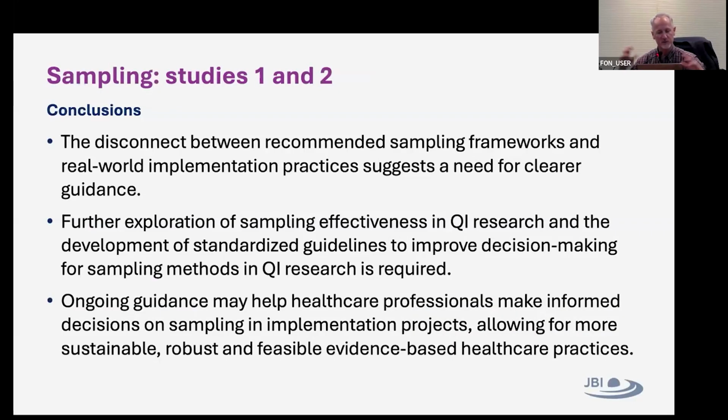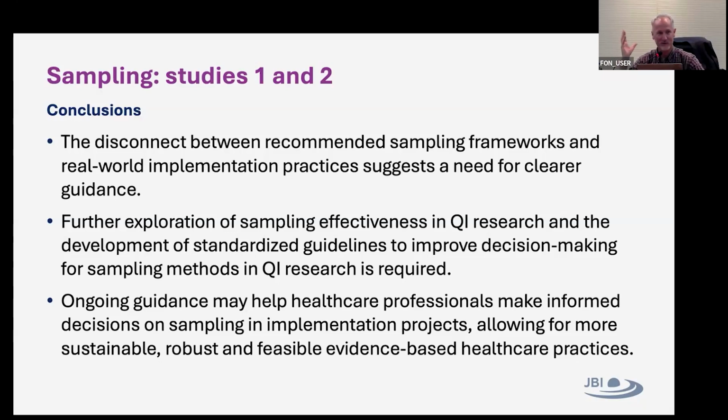We found a true disconnect between sampling frameworks and real-world implementation practices, and this really suggests we need to continue to do research in this field. So if you're wondering what PhD topic to recommend to a friend, now you can recommend two topics, ethics from this morning or sampling from this afternoon, right?